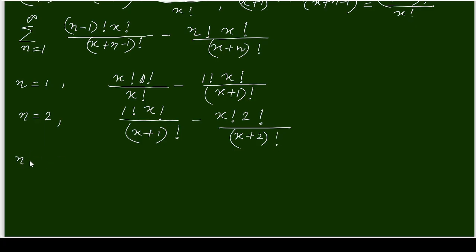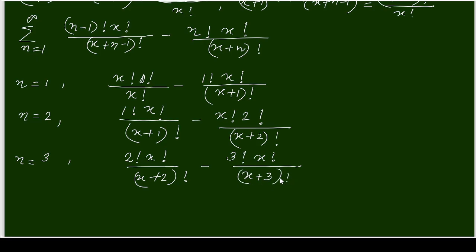And we will put n equals 3. The sum will be 2 factorial into x factorial over (x plus 2) factorial, minus 3 factorial x factorial over (x plus 3) factorial, and so on.